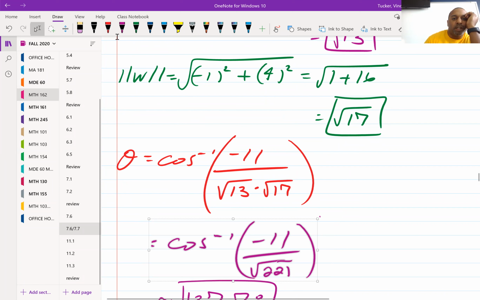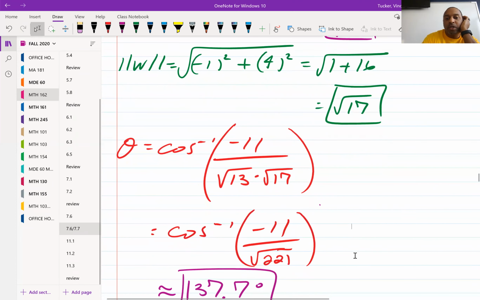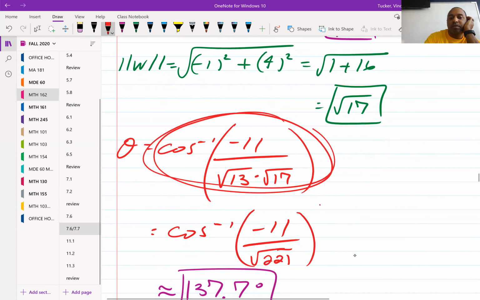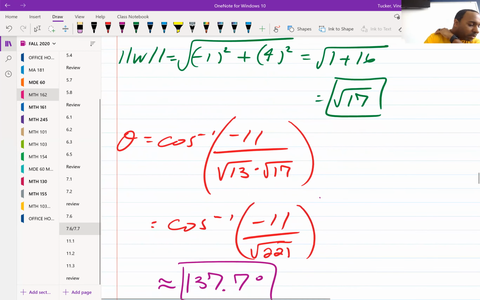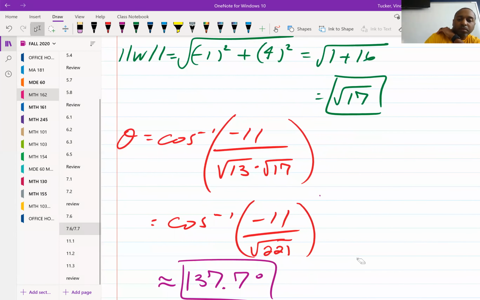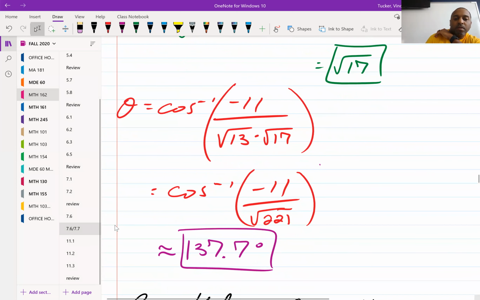You can simplify that denominator by doing square root of 13 times square root of 17, which is square root of 221. Or you can just throw it in the calculator if your calculator has that capability. And then the answer will be 137.7 degrees.